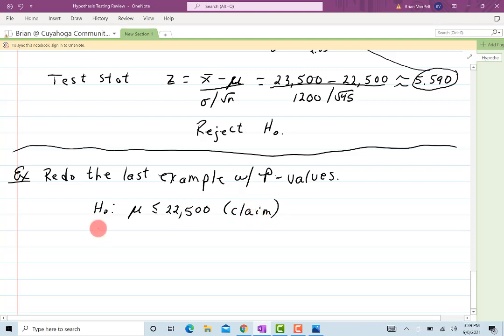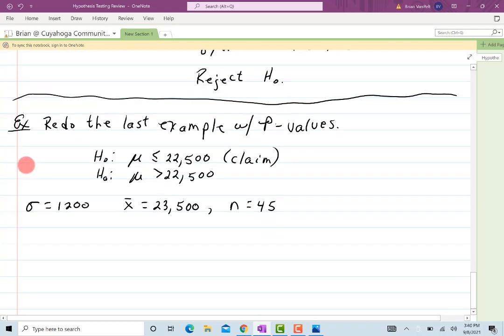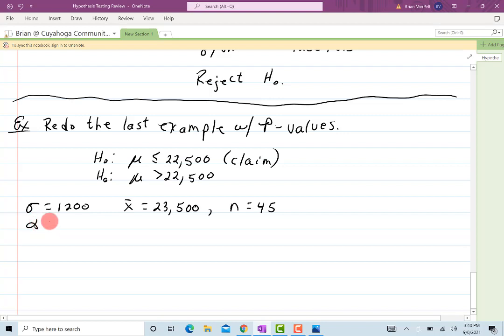And then the alternative hypothesis made this into a right-tailed test. We had sigma equal to 1,200, the mean of the sample was 23,500, and n was equal to 45. And then finally, we were testing the hypothesis at alpha equals 0.01.